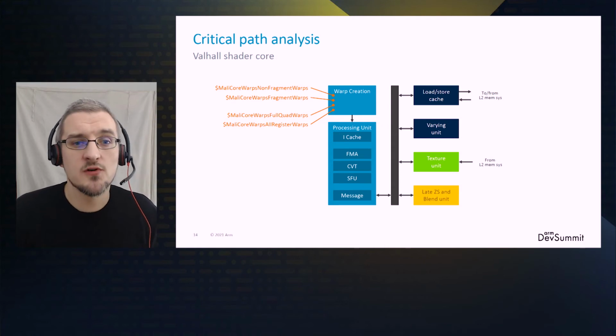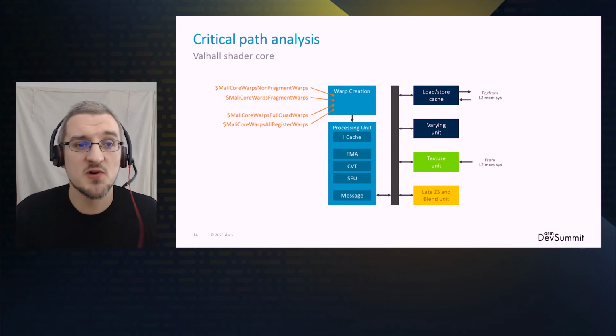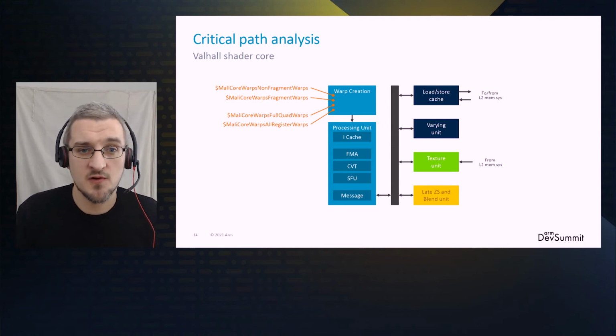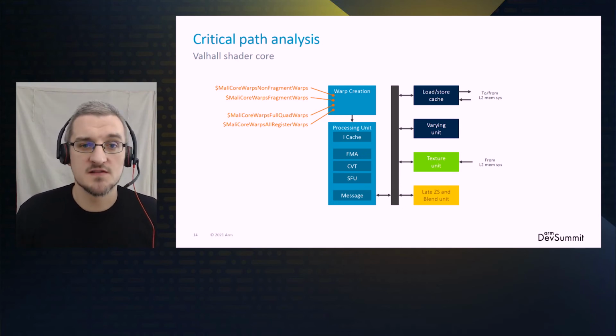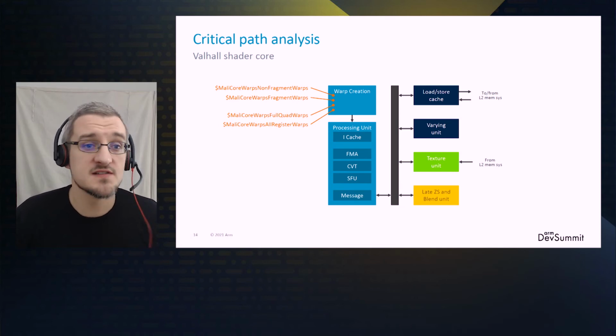For the programmable core, we have a warp creation unit that will create the warps to run. We have the processing unit, which contains the instruction cache and the various arithmetic pipelines, and a number of fixed function units that offload work from the processing units. So we have a load store cache, which is a general purpose read-write cache, mostly used for geometry access, spilling to stack, and so on.